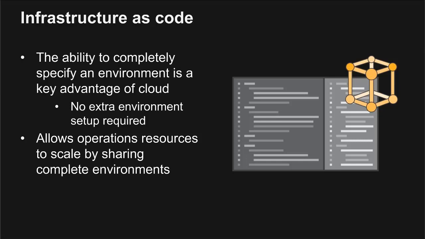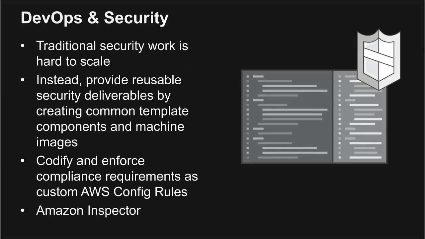So we're not talking about just instances here, but your whole environment: your VPCs, your instances, your auto-scaling groups, your RDS instances, and any other AWS services your application might utilize, the ability to define those as code. And once you have those written out as code, or CloudFormation templates, you can then also share those environments easily by sharing the CloudFormation templates.